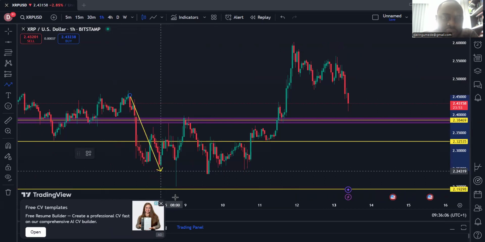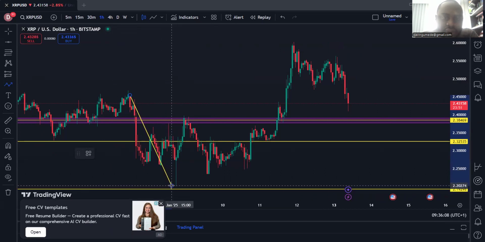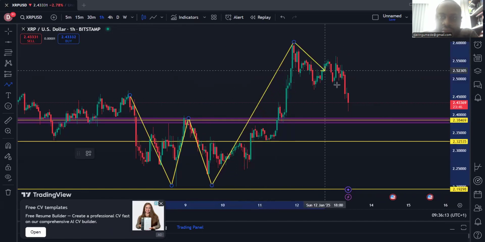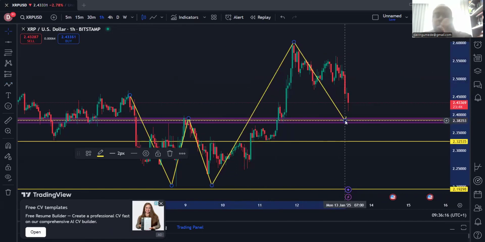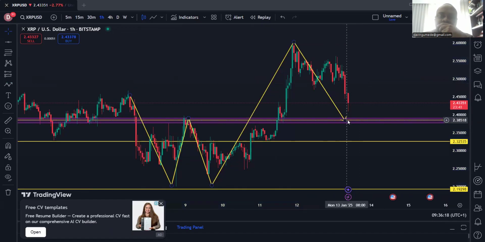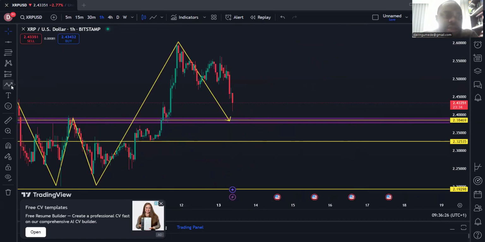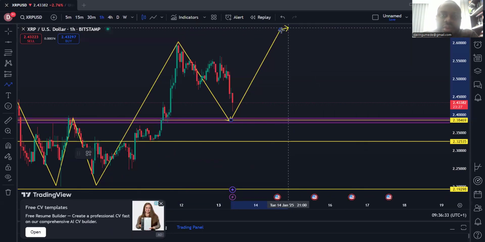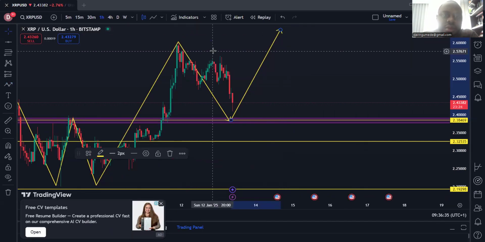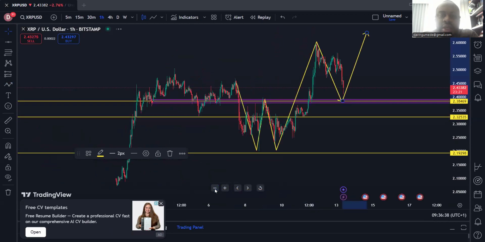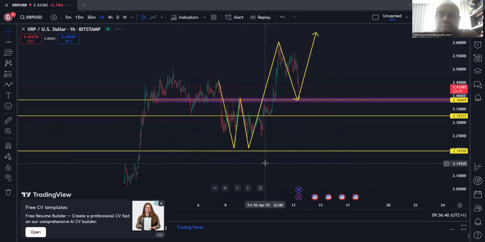I didn't necessarily touch this area, but let's just do this. And then came through. So what we could be expecting is possibly a retest within this area just to test out the zone and then a possible push straight to the upside, pushing way up and breaking this high. So we're seeing higher highs and higher lows with XRP moving into the week.